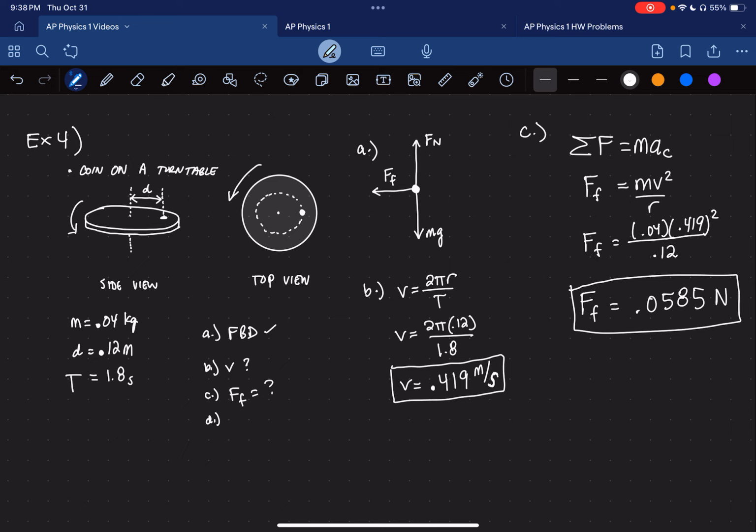Now, last question D. What is the minimum amount of static friction so that the coin does not slip? Or the coin does not start to move, you could say. And so we'll do part D down here.